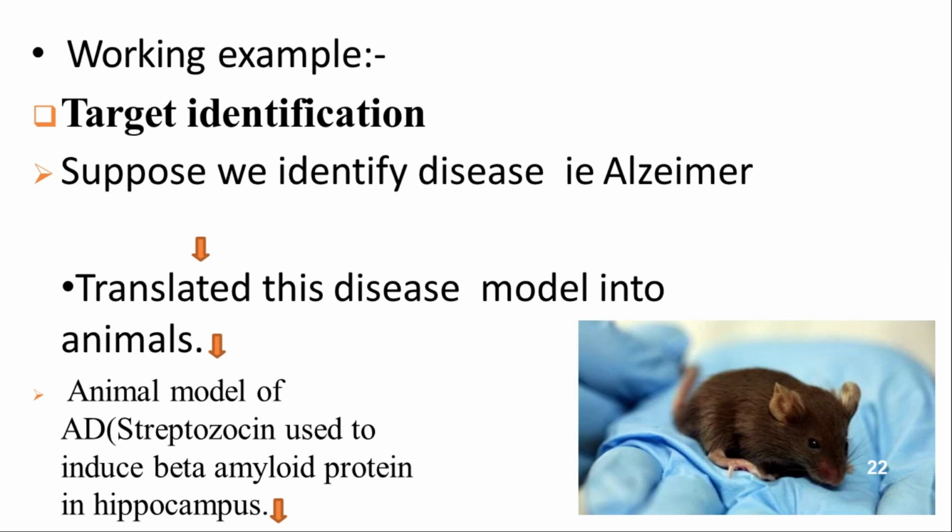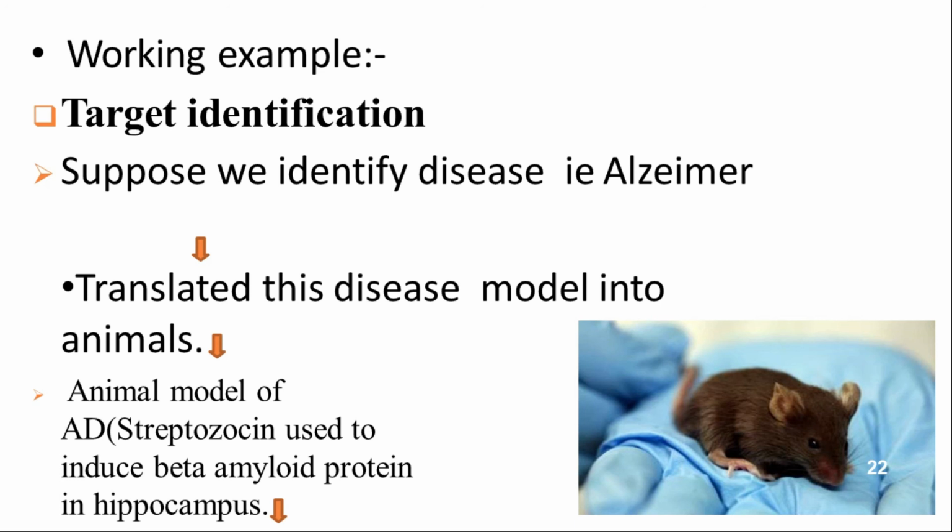Working example here: target identification. Suppose we identify a disease, that is Alzheimer, and translate this disease model into animals. Animal models, sorry, of Alzheimer disease: streptozotocin is used to induce beta amyloid protein in hippocampus.